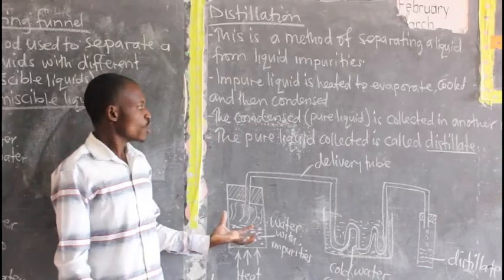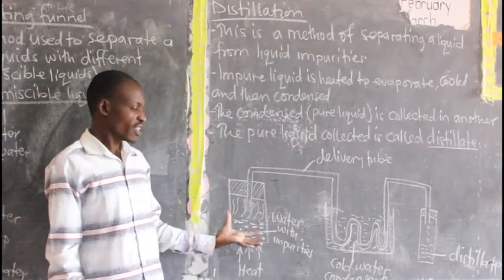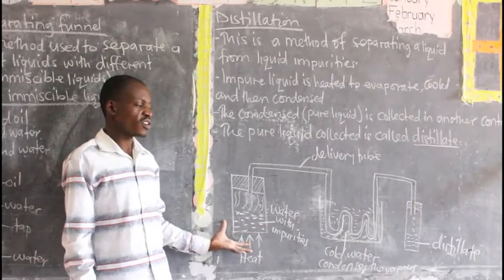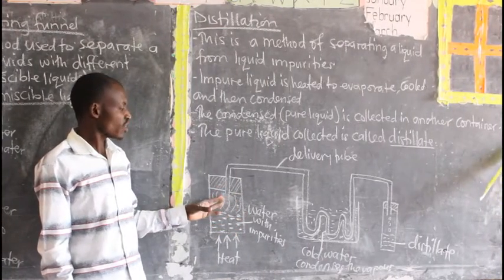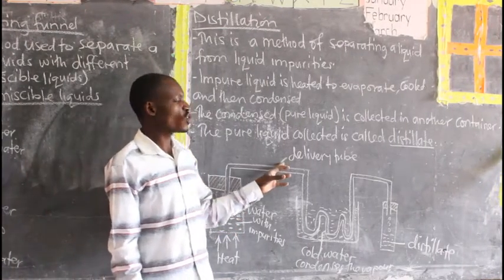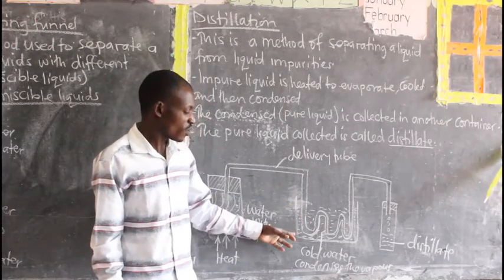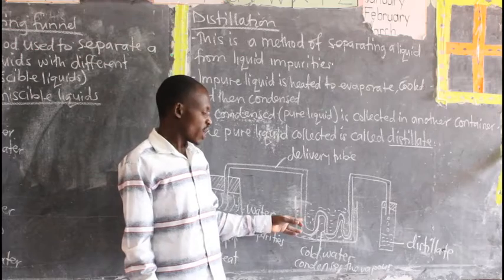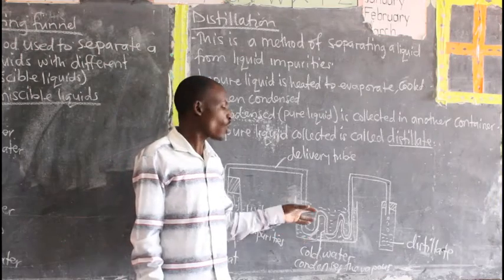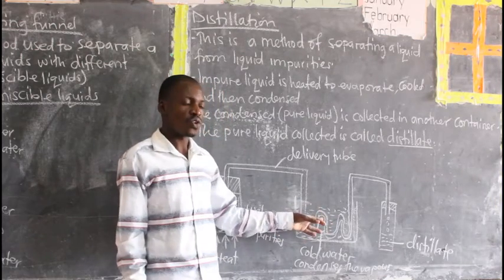So you heat the water with the impurities and you see it is now evaporating. As it evaporates, it passes through the delivery tube, which passes through cold water. When it reaches here, the vapor is cooled and condensed.